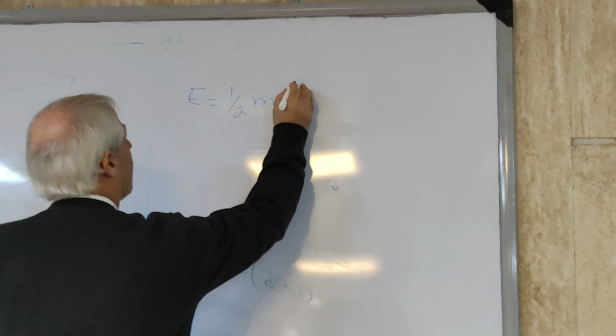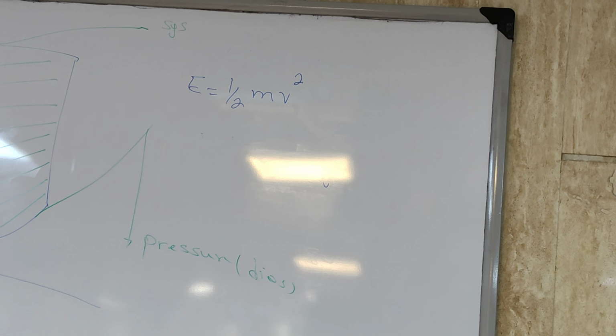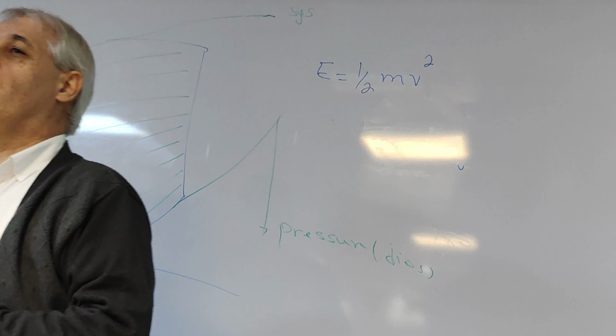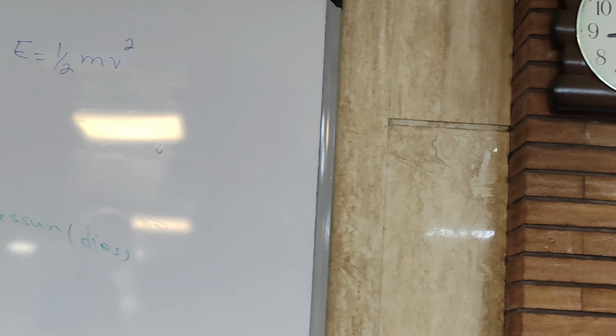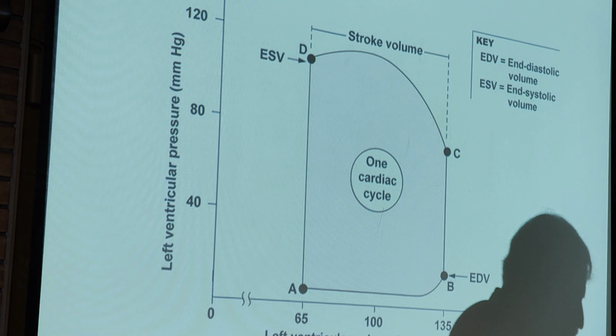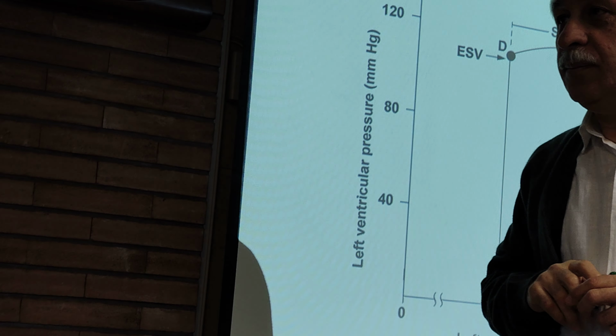This is the formula: mass of blood times velocity squared, with a half. This is the external work, pressure volume. Part of the energy is used to accelerate the blood to its velocity of ejection, which is measured by the kinetic energy formula, half mass of blood times velocity squared.